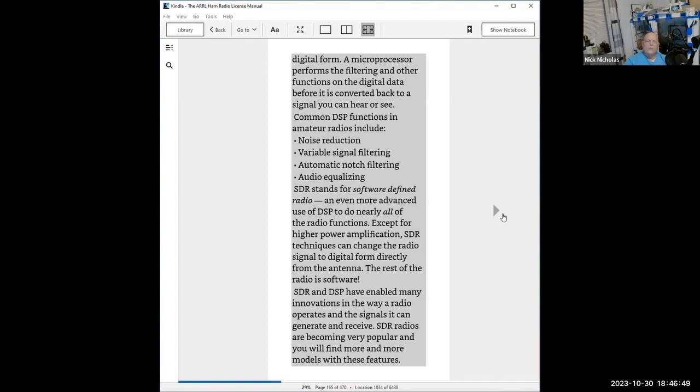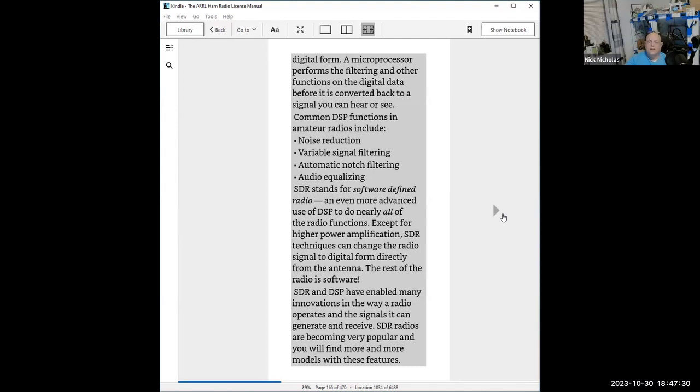So it enters as analog, which means a waveform, goes into an analog to digital converter, which is a chip or a circuit that converts it to on and off bits, processes that through a microprocessor, manipulates it, sends it back out to a digital to analog converter and restructures it.